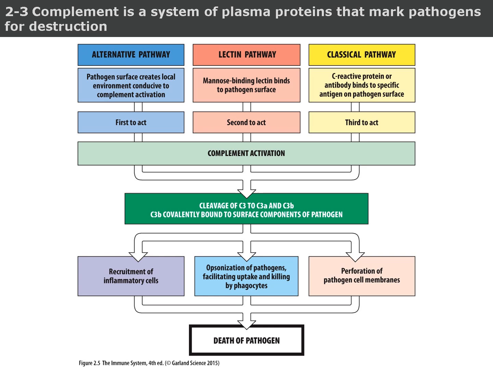All pathways converge on the cleavage of C3 into C3a and C3b. C3b binds to the pathogen surface, leading to three critical outcomes: recruitment of inflammatory cells, opsonization that enhances phagocytosis, and direct killing through membrane perforation. Together, these mechanisms result in the death of the pathogen.